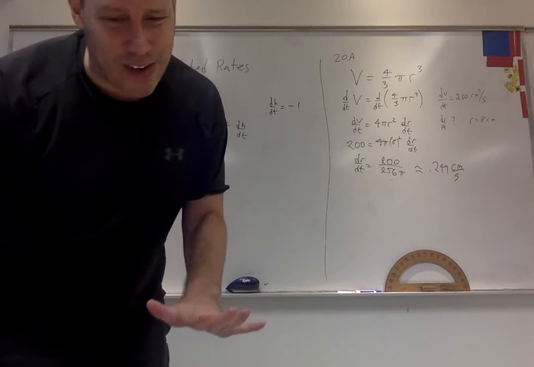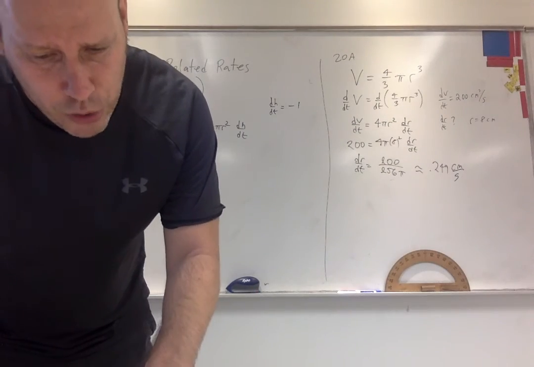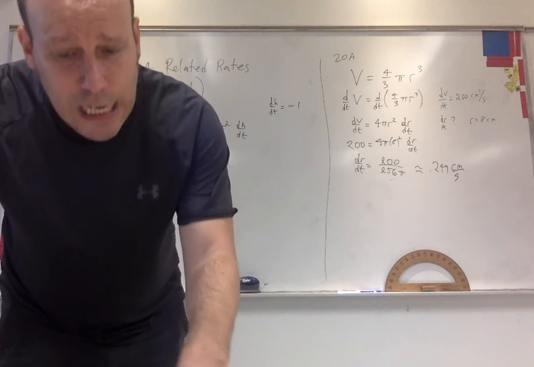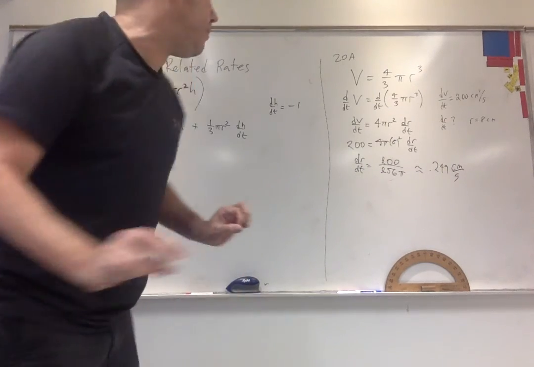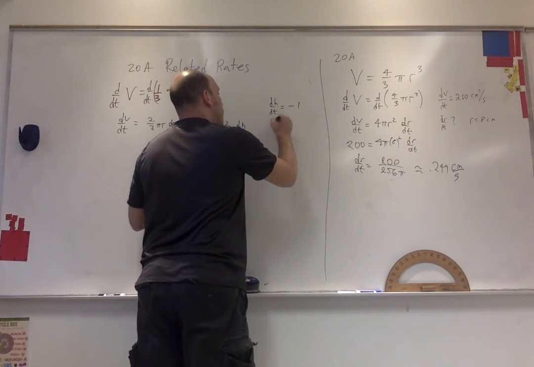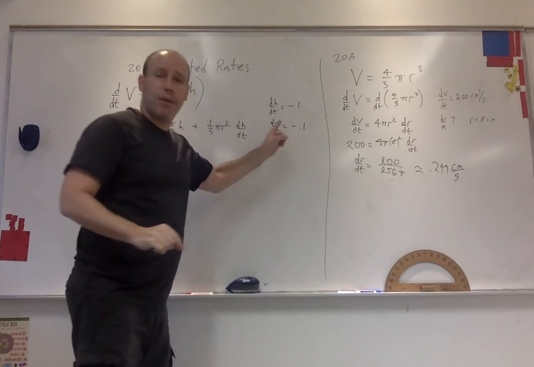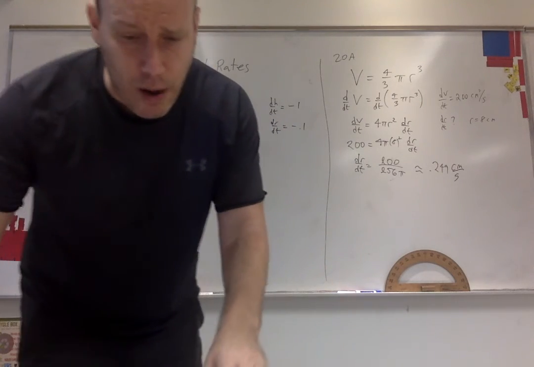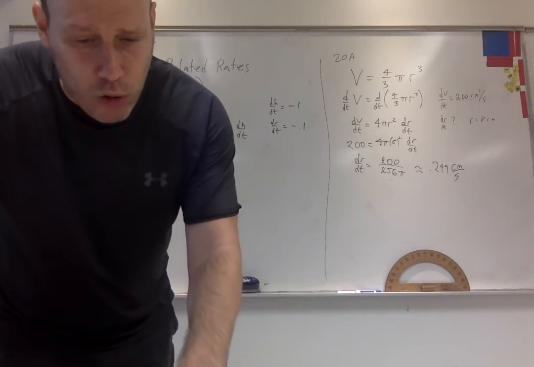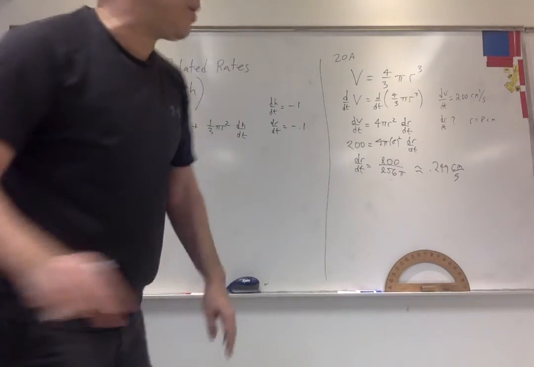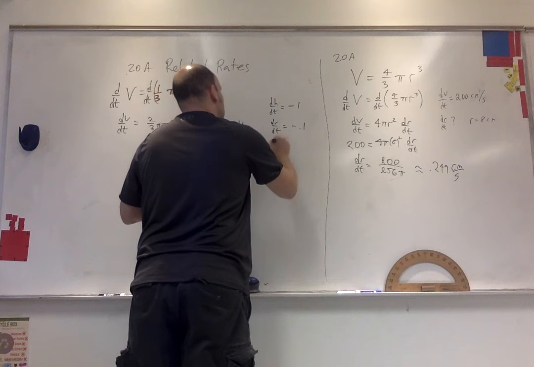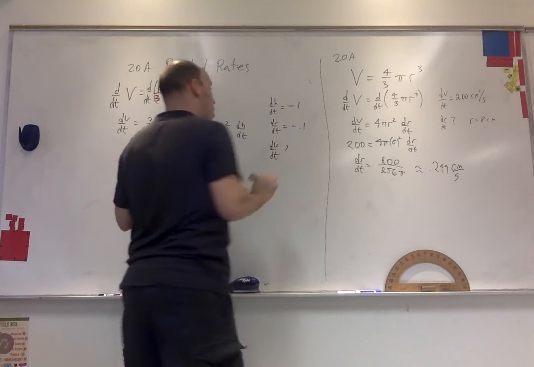It'll make your life easier. What's going on with the radius? The radius is decreasing at 1/10. Remember, negative. What other information? At what rate is the volume decreasing? So we don't know dv/dt. That's unknown.